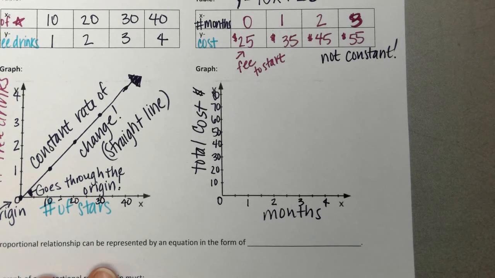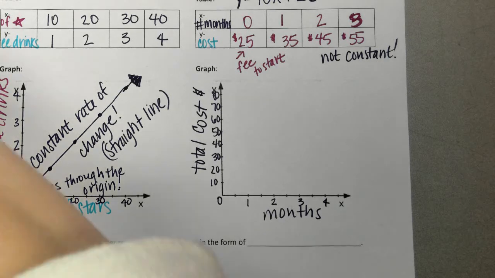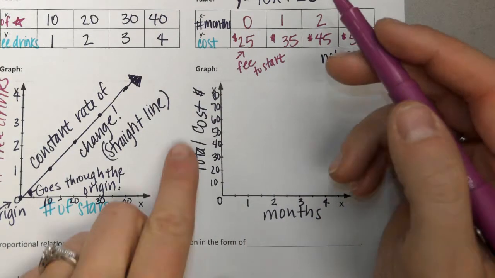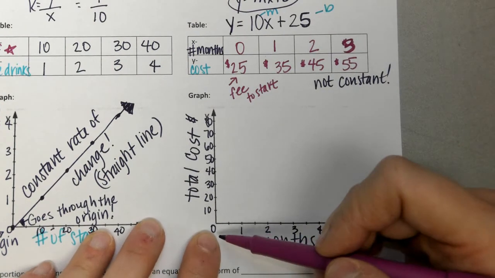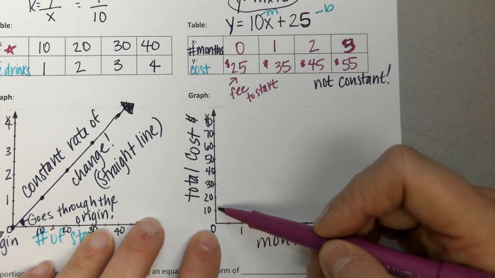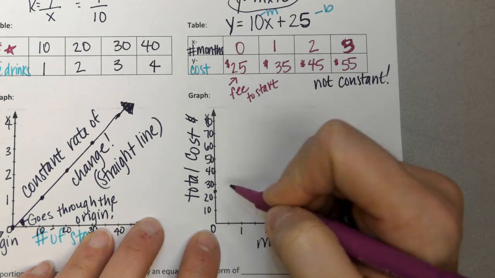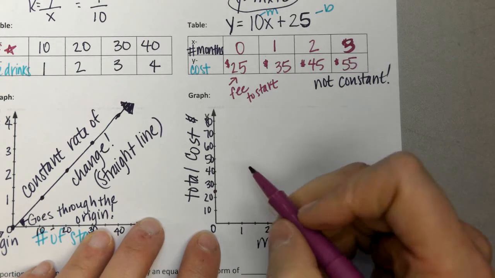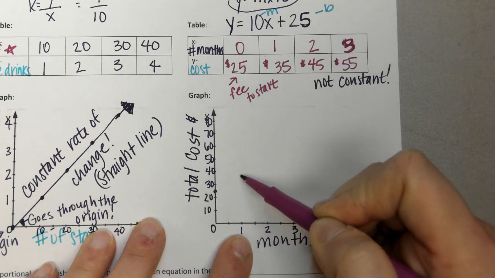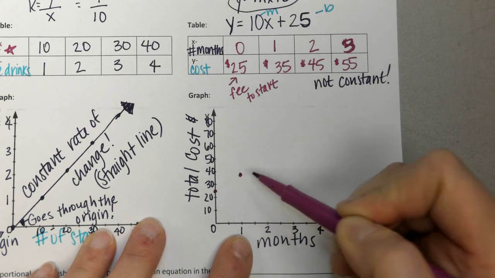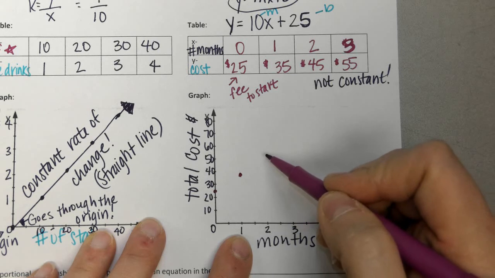So let's go ahead and graph the information we have here. At 0 months, it was $25. Here's 25 at 0, right? At 1 month, it was $35. At 2 months, it's $45.